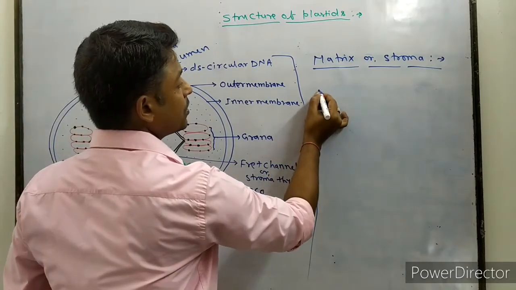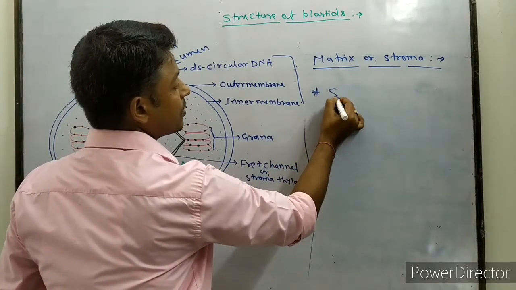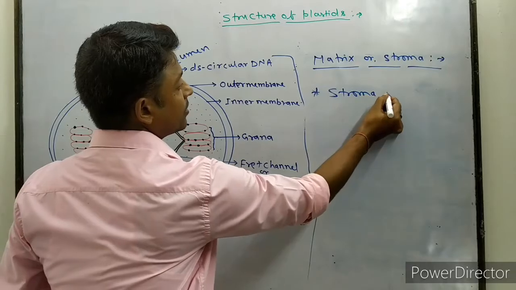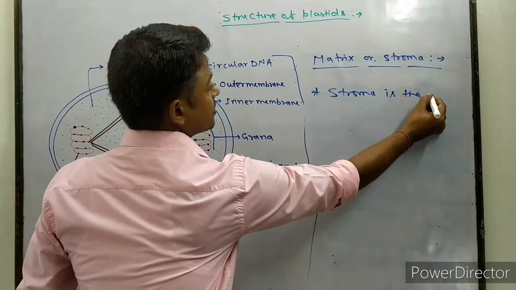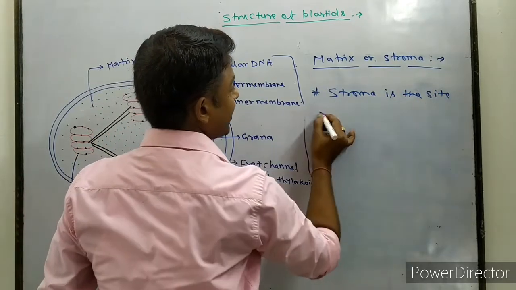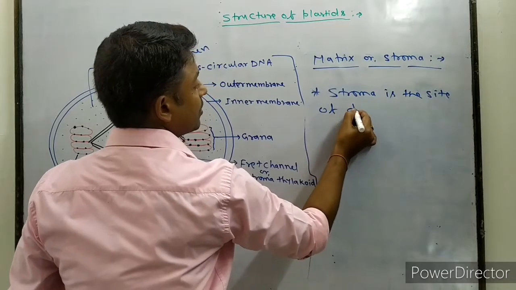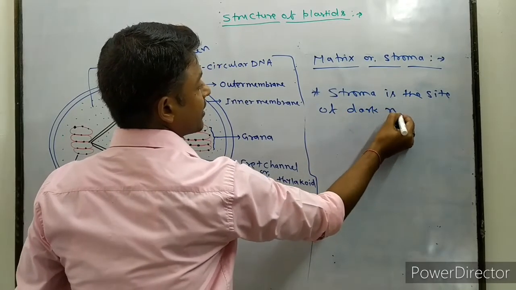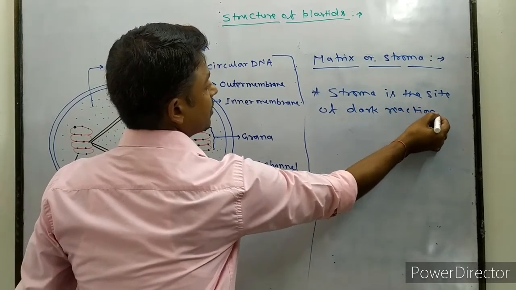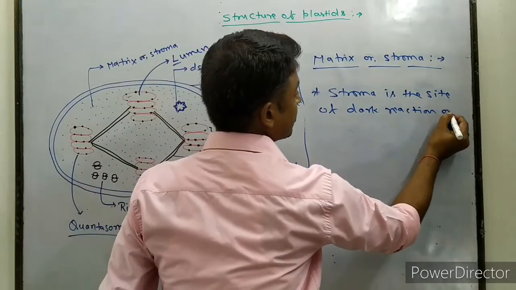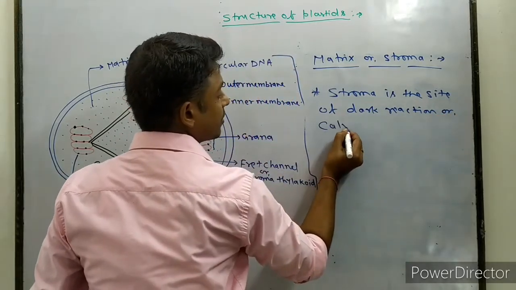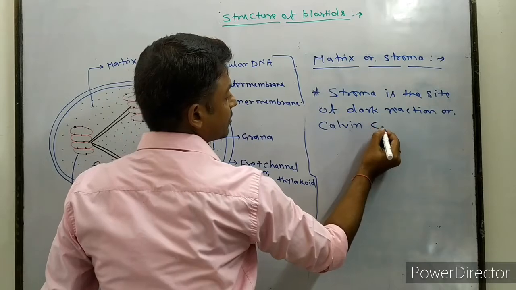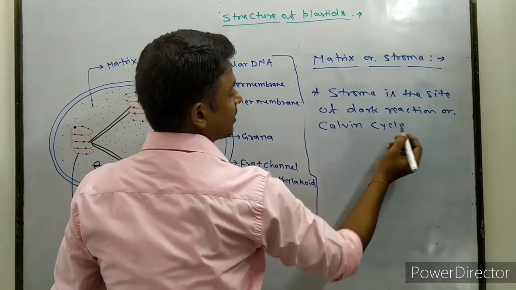First of all, stroma is the site of dark reaction or Calvin cycle.